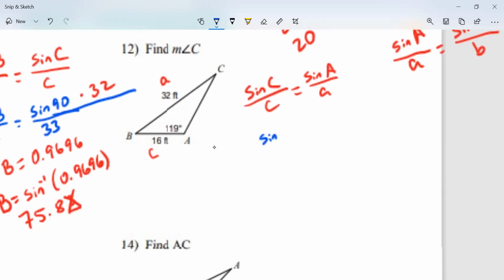So I'm going to write sine of angle C over 16 is equal to sine of 119 over 32.